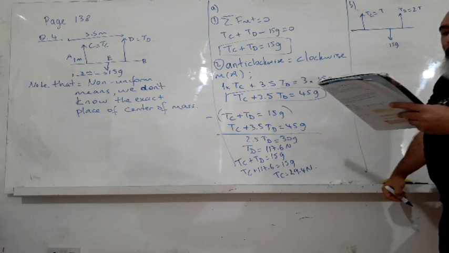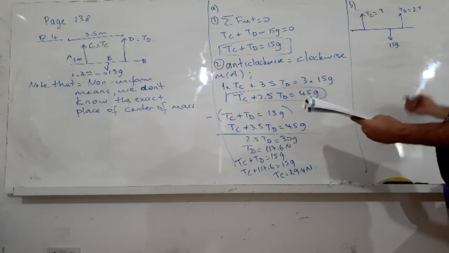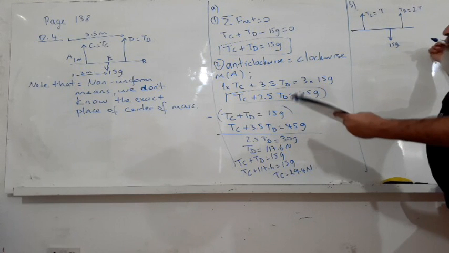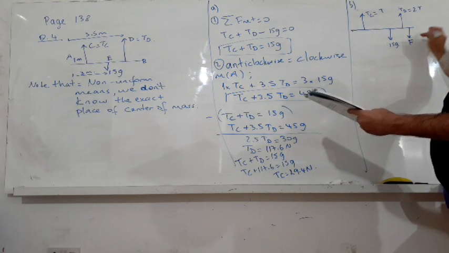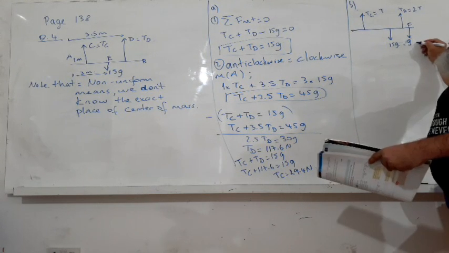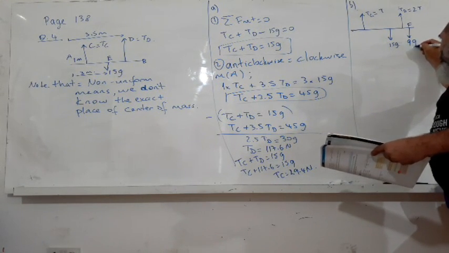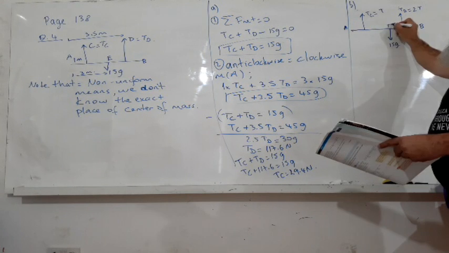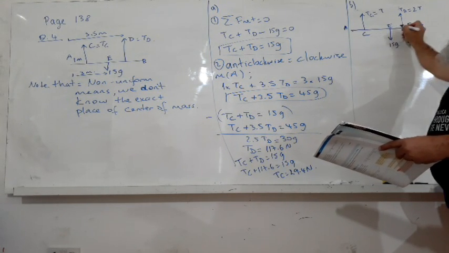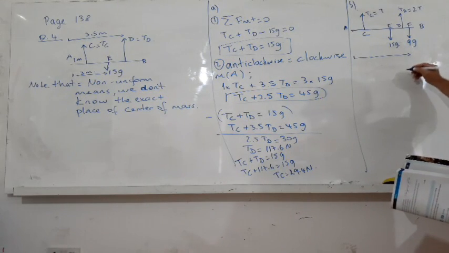And we have F, call it there. We don't know actually its place, but we know that its weight is 9G. This is point A, this is B, this is E, this is C, and this is point D. But we don't know the distance between A and F. Call it X.